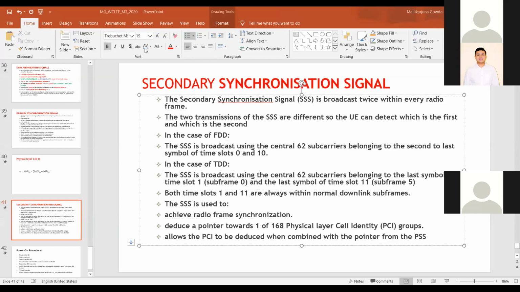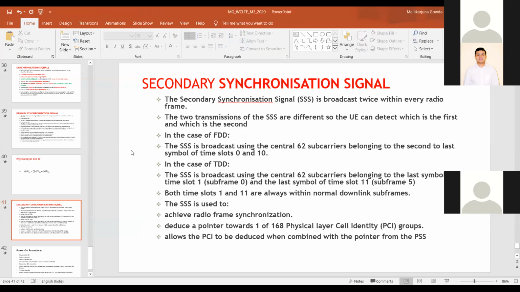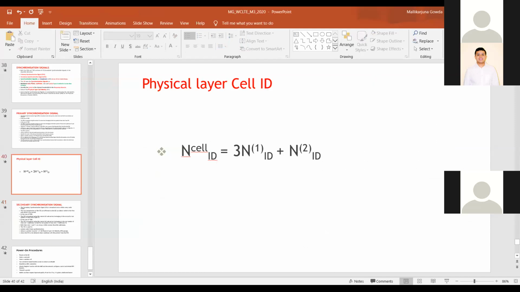Participants mute all. The participants unmute themselves. Okay. Let me do one thing. I will come back to this. I think with diagram only it is better to understand.